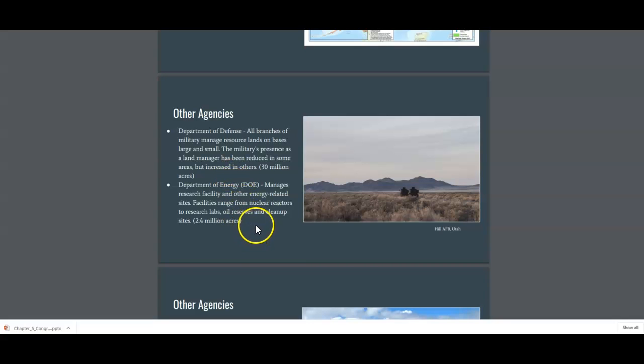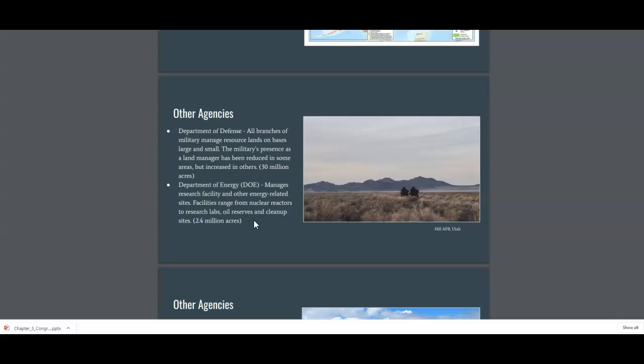And then the Department of Energy has lands also that it manages, like nuclear reactors, research labs, nuclear waste cleanup areas, nuclear waste storage facilities, all of those kinds of resources.